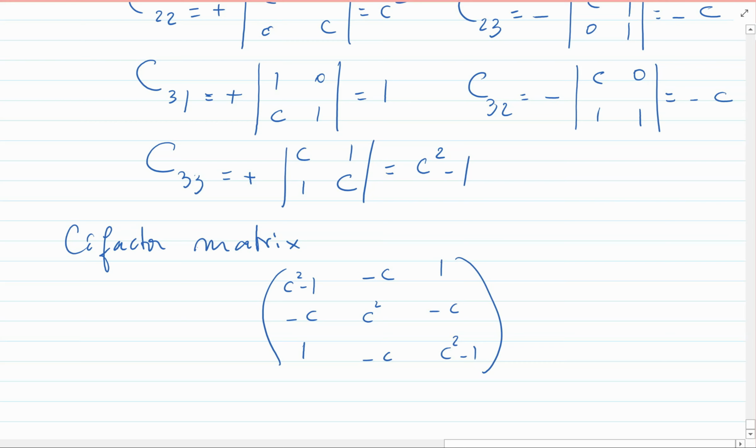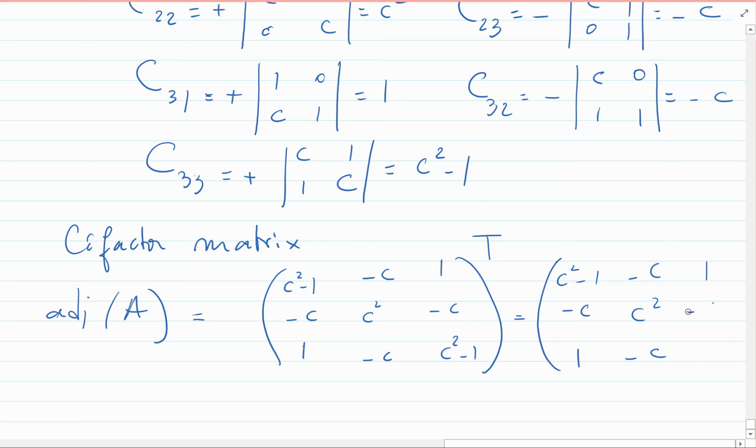If you now take the transpose, which will give you the adjoint of A, we find the same matrix: (C squared minus 1, minus C, 1), (minus C, C squared, minus C), (1, minus C, C squared minus 1). We'll make a remark next about symmetric matrices.